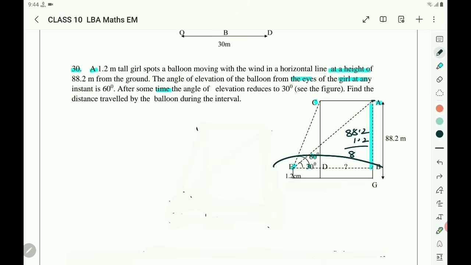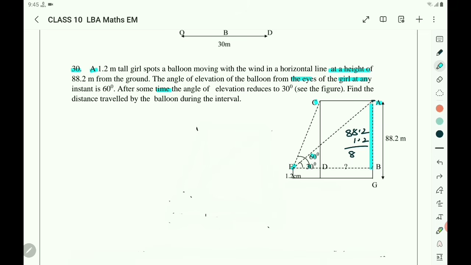We have to find the length of EB by using the right angle triangle ABE. Next we have to find BD by using the right angle triangle CDE, and subtracting DE from DB.